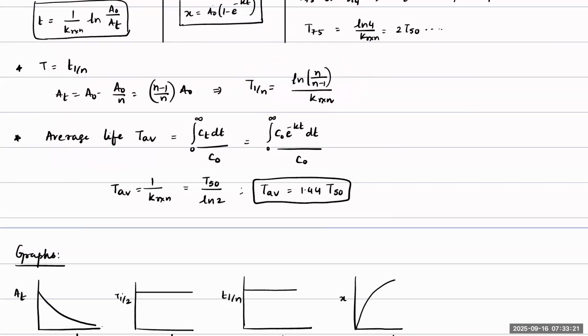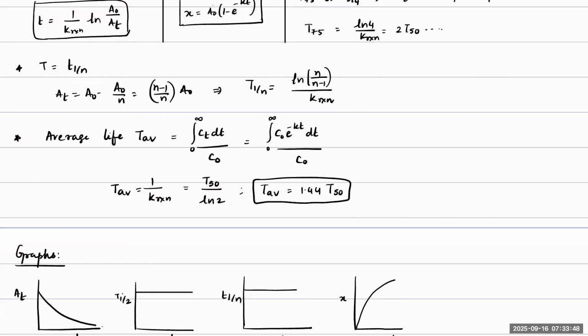Now this might be something which is new and that might be asked, which is average life. What is the T average life? T average life is integral 0 to infinity Ct into dt. This is the total amount of the Ct into T, what is the concentration after every small amount of time.